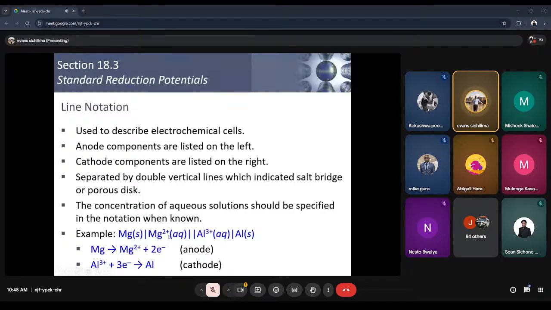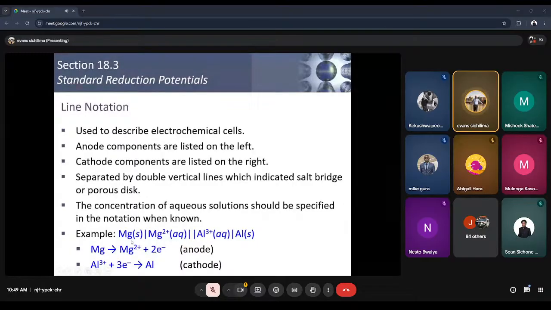So magnesium undergoes oxidation. This will be shown at the anode, because at the anode that's where oxidation takes place. So this is the half reaction: magnesium arrow magnesium 2+ plus 2 electrons.